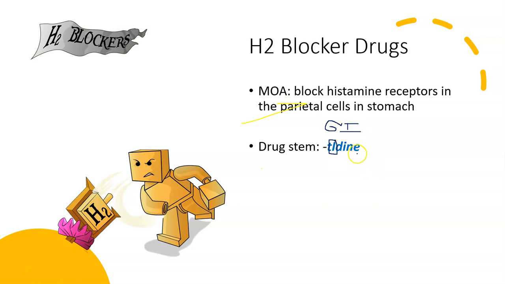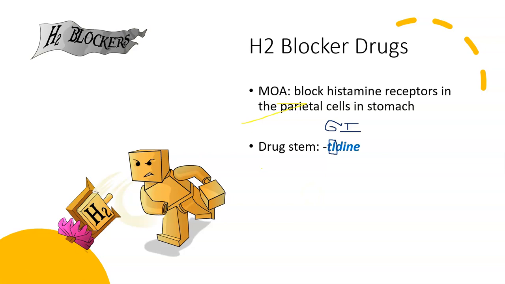We'll talk about other antihistamines in the next chapter, in chapter 6, when we do respiratory drugs. They end in a similar, but it's spelled different. It's TA for allergies. So those are the little mnemonics that help you remember. Okay, now back to talking about the H2 blockers. So that drug stem, H2 blockers.